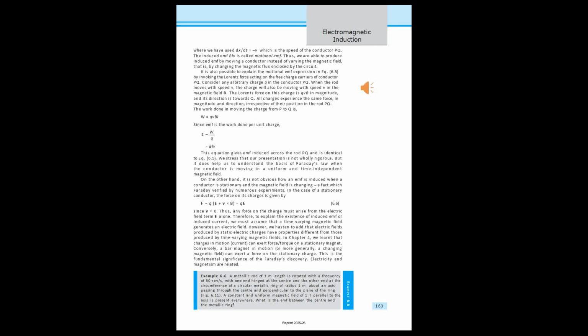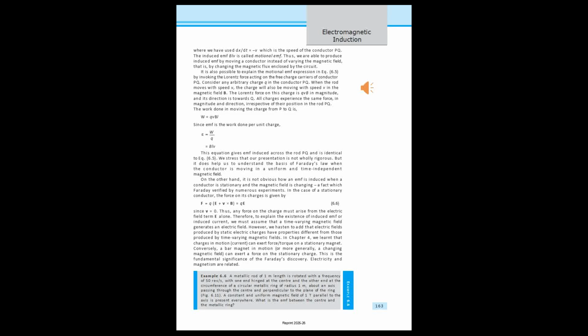Since V equals 0, any force on the charge must arise from the electric field term E alone. Therefore, to explain the existence of induced EMF or induced current, we must assume that a time-varying magnetic field generates an electric field. However, we hasten to add that electric fields produced by static electric charges have properties different from those produced by time-varying magnetic fields.